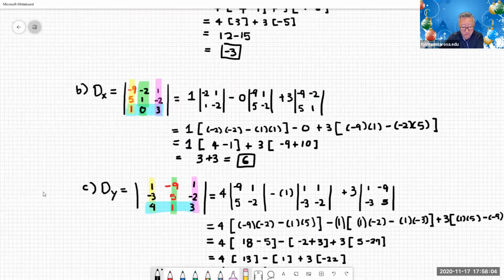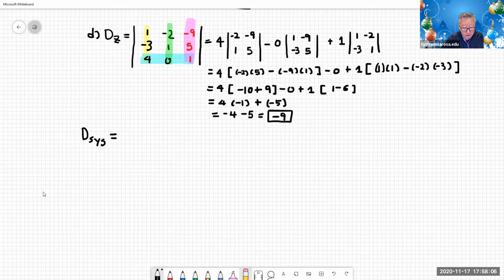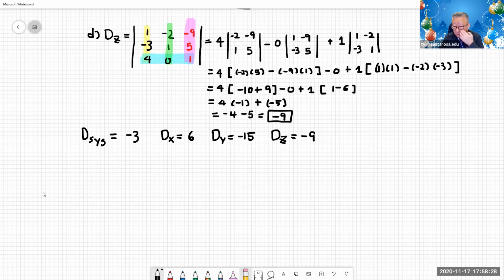Determinant for x, we found that to be 6. And determinant for y, we found that to be -15. And determinant of z is going to be -9.